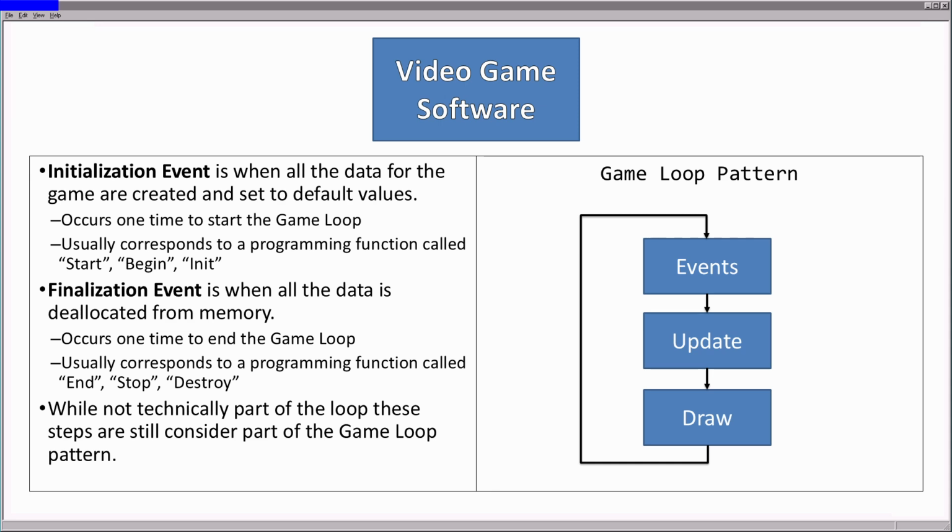In contrast, the finalization event is when all the data is deallocated from our memory. This occurs one time to end the game loop. In the code, this usually is represented by programming functions called end, stop, or destroy. As both of these events only occur once, they could be considered to be outside of the loop, but in many cases it is just a special kind of event.